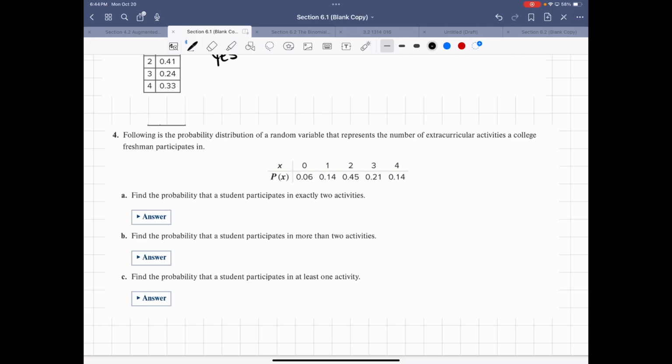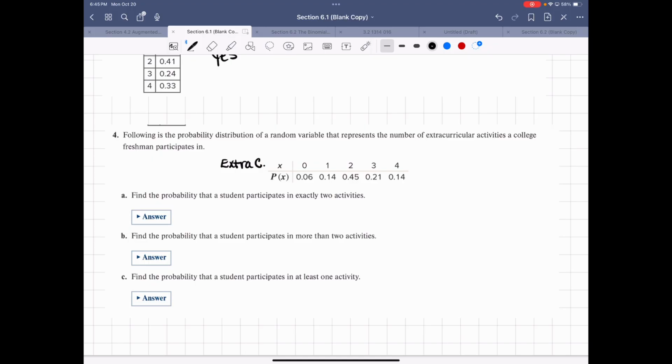The probability of 1 extracurricular is 0.14. 2 extracurriculars is 0.45. 3 extracurriculars is 0.21. And 4 extracurriculars is 0.14. Guys, if you need to write on there what that is, write it. X represents the number of extracurriculars, okay?